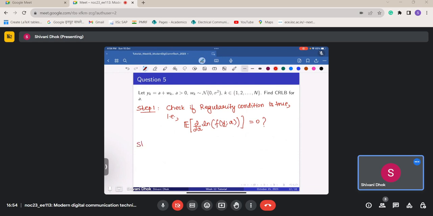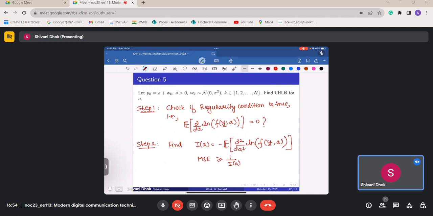And step 2 is to find I of A, which is equal to minus the expectation of del 2 by del A squared of log of f of y given A. And your MSE is greater than or equal to 1 by I of A. Okay, so this is what you need to find.